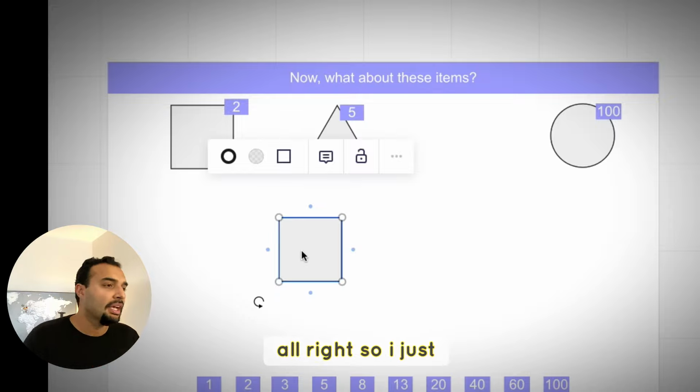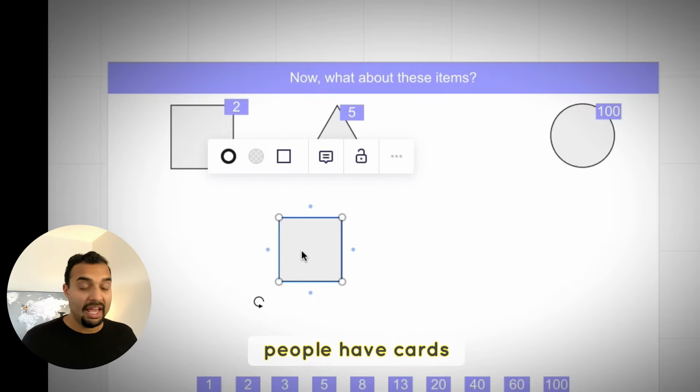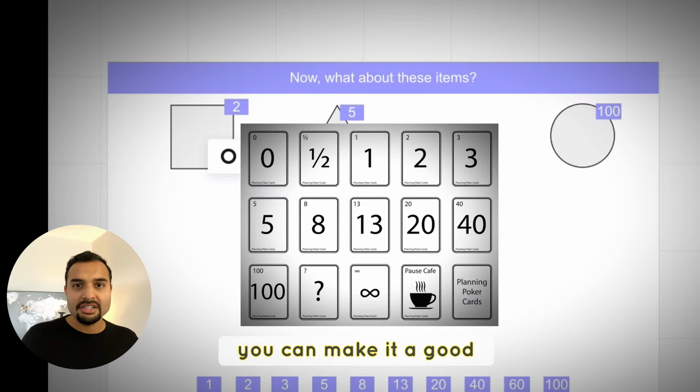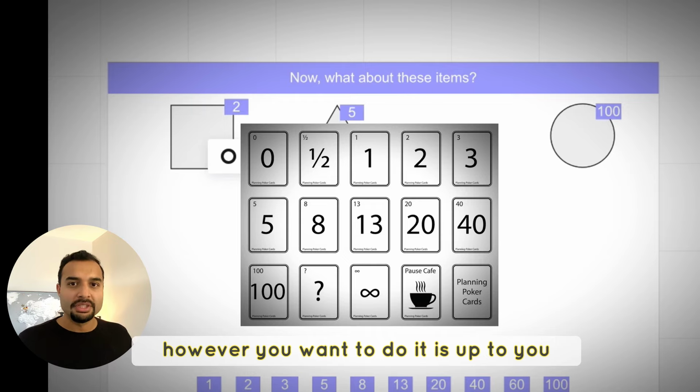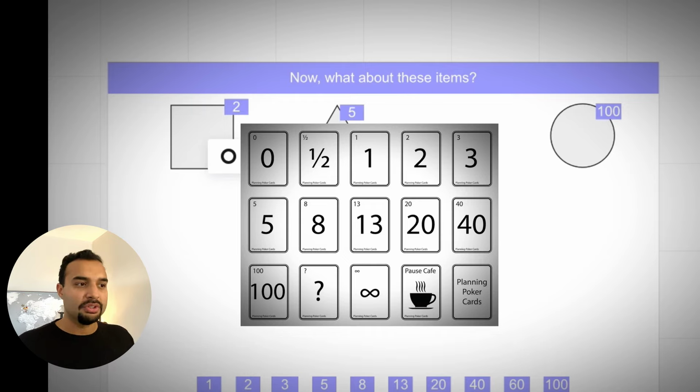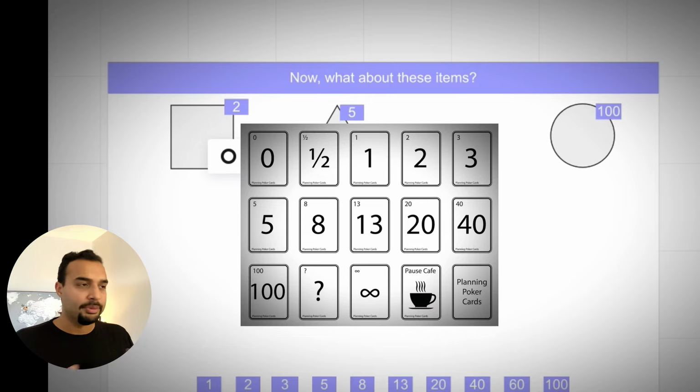All right. So you did it by hand. You could do this on paper. People can create little cards. You can make it a good, fun activity to start off. However you want to do it is up to you, but these are some good tools. This is a good, simple technique for you to just get started with a group.